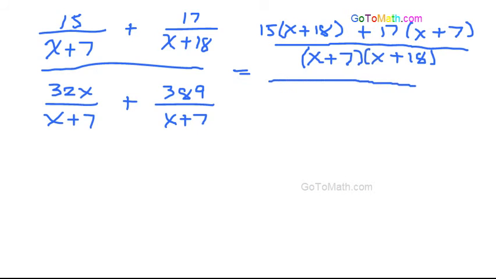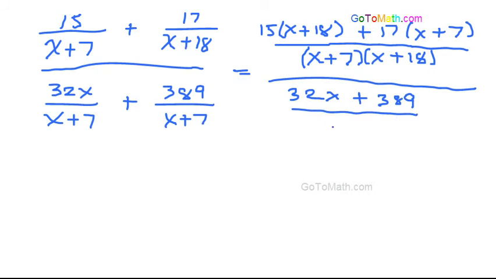Alright. And now we have a common denominator here, so we just need to do 32x plus 389, and that's going to be over x plus 7. Okay. So what we'll want to do here is clean this up.